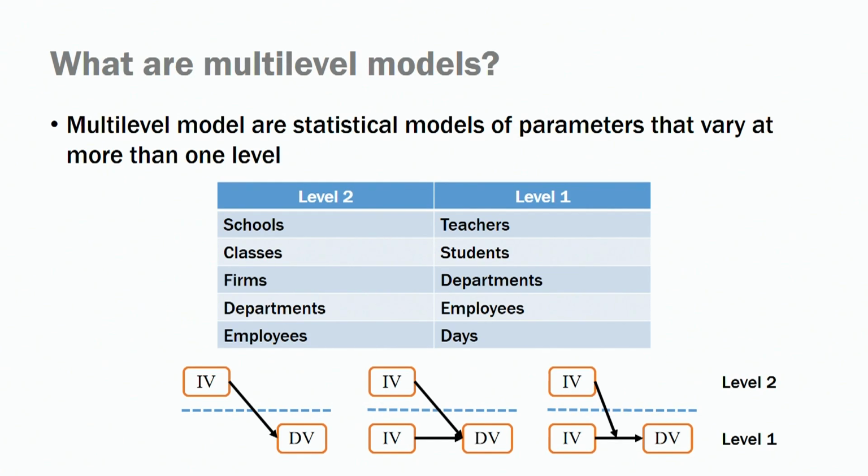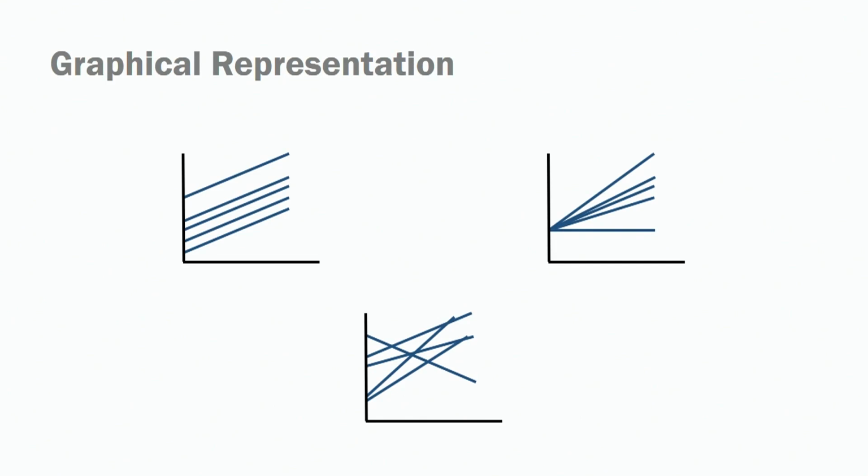So there are different levels of analysis. We can test for the relationship between leaders' personality traits and employees' performance. There are a bunch of models relevant for organizational scholars in which the observations and the parameters vary at different levels.